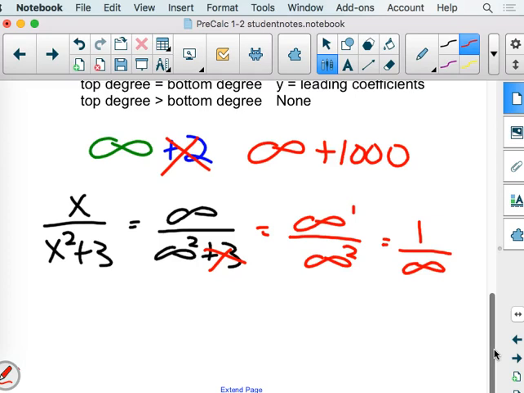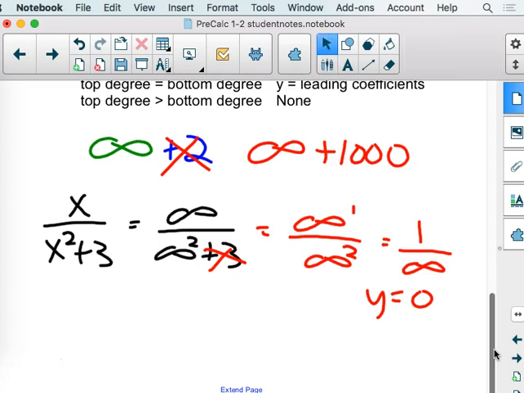Impossible, right? Because at some point your fingers want to touch each other, and that's because it's going to approach nothing. It's going to approach 0. As that number on the bottom gets bigger and bigger and bigger, we get closer and closer and closer to 0 as a limit. So that's why when we have the degree of the top less than the degree of the bottom, it's y equals 0.